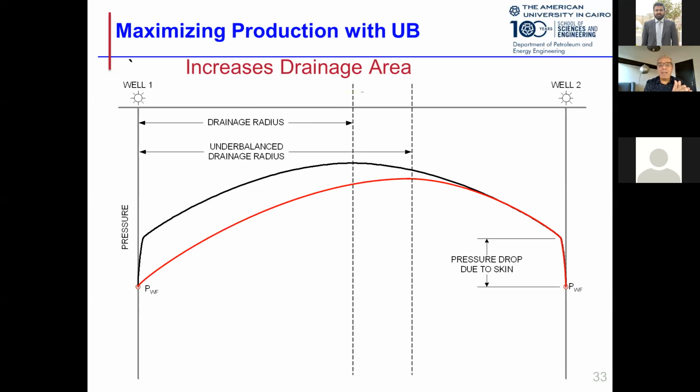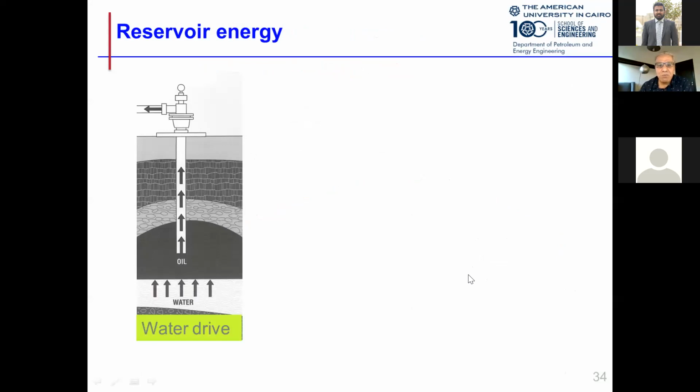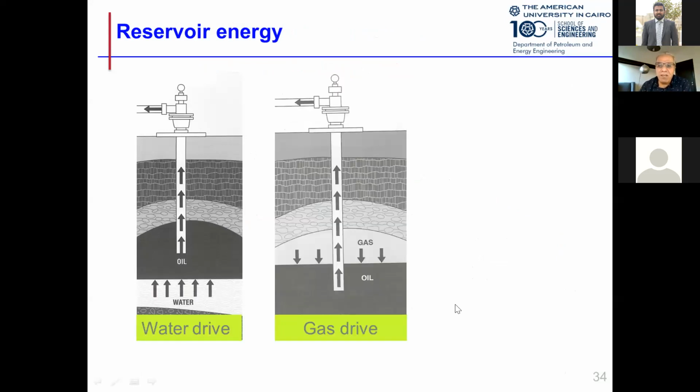So now the well on the left side will produce oil from a further area, basically approaching the well on the right side. And this we don't see. It happens down there in the reservoir, but it can be felt by the amount of production and other factors. Now we can preserve reservoir energy, okay?